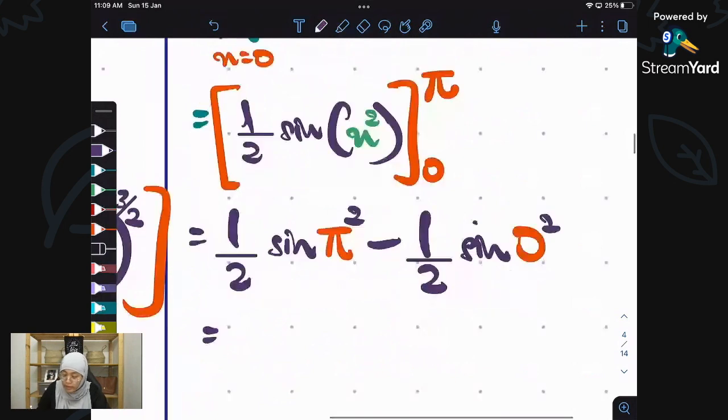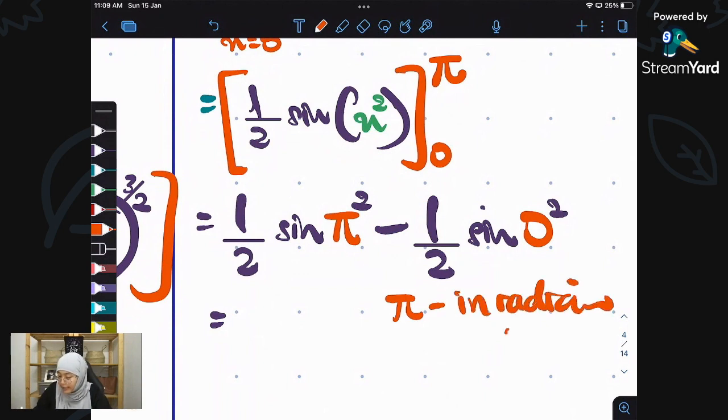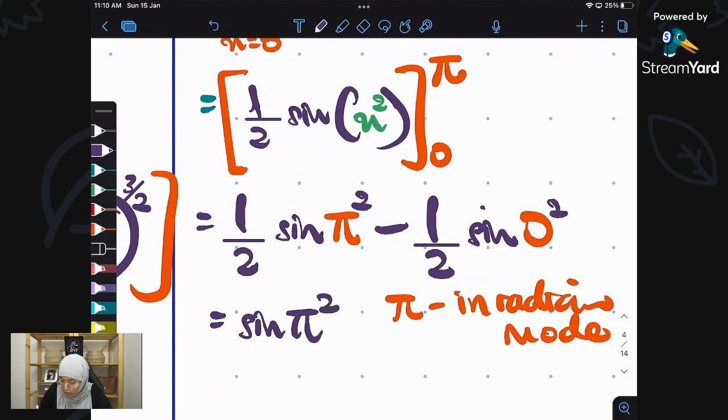It will give us the answer in radian. Please again, setiap kali berjumpa dengan pi, we must make our calculator in radian mode. Make sure you put in radian mode, and so you will get the answer of sine pi squared over 2. That's it. That is your answer.